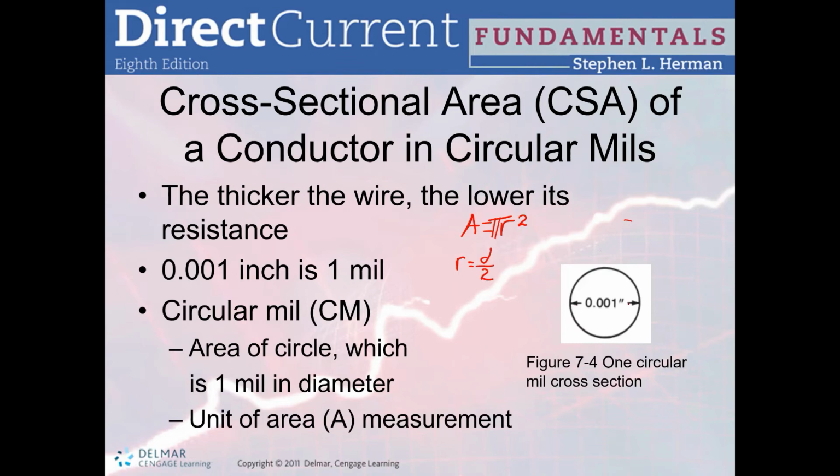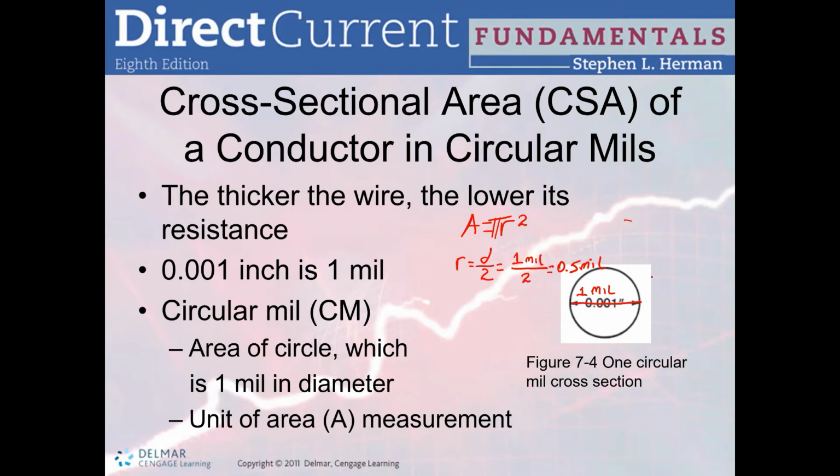So in this instance, if we are going to be using the mil as our unit, and we say that we have 1 mil of diameter in this circle, then actually, how much is the radius? That's going to be 1 mil divided by 2, which is going to be equal to 0.5 mil.